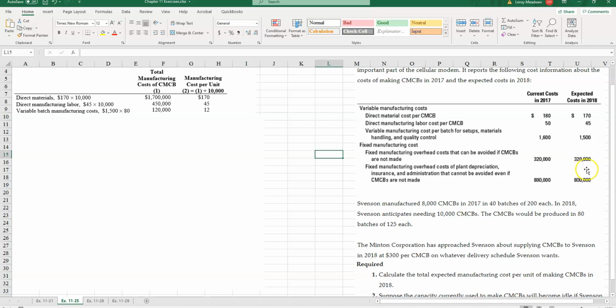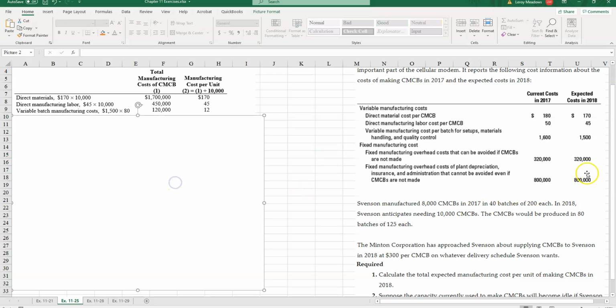But just to figure out our total manufacturing costs of making CMBCs and the manufacturing cost per unit, so we can decide, should I make it in-house and should I outsource it? We're going to include these because in one scenario we're going to have this, in the other scenario we're not going to have it. So fixed manufacturing costs, $320,000.